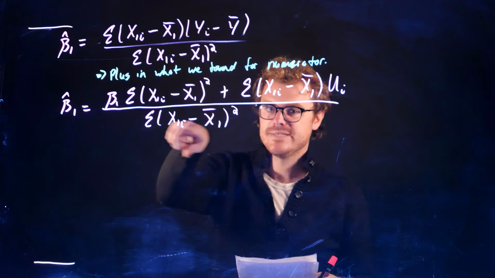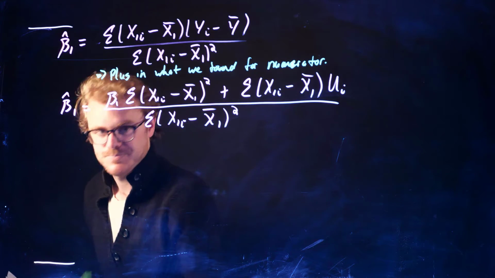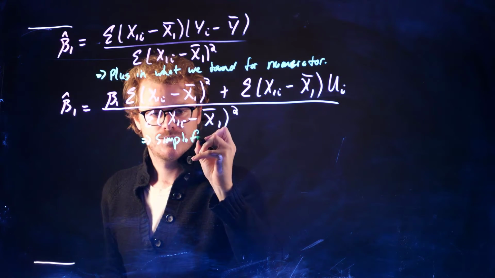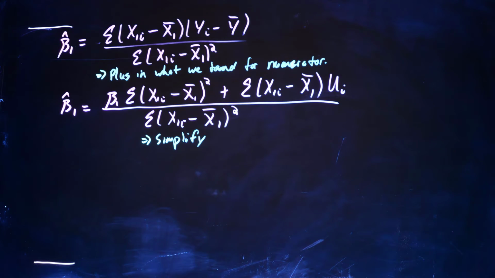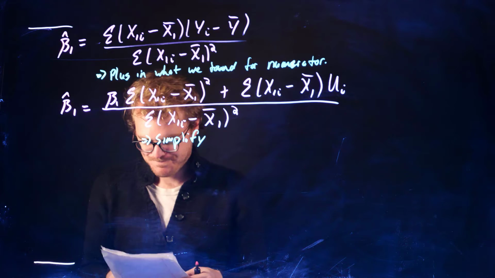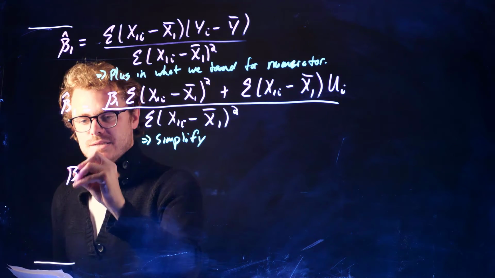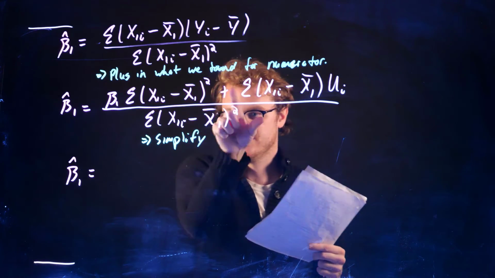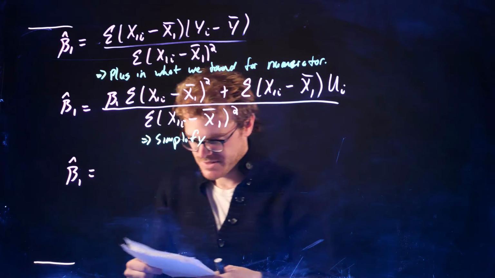Now you can simplify this just a little bit, right? So if we separate these terms, we're going to keep the denominator there and separate the numerator into two different terms.